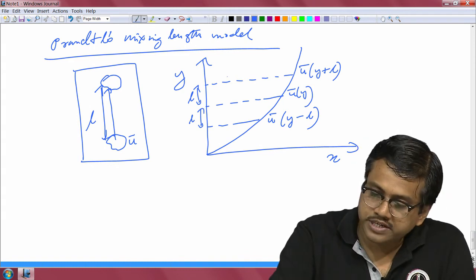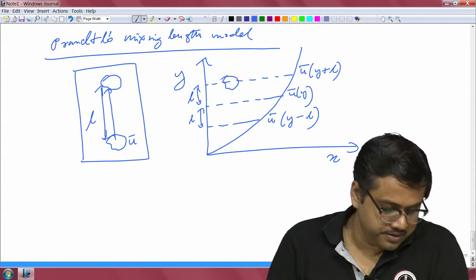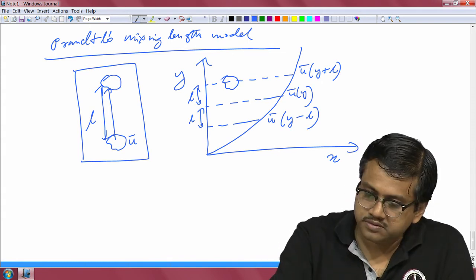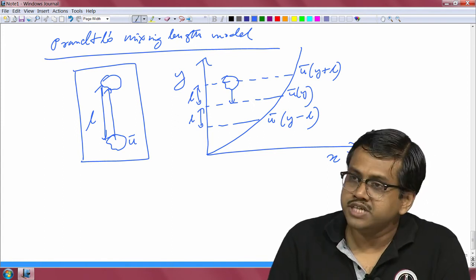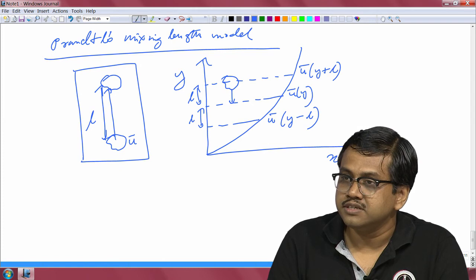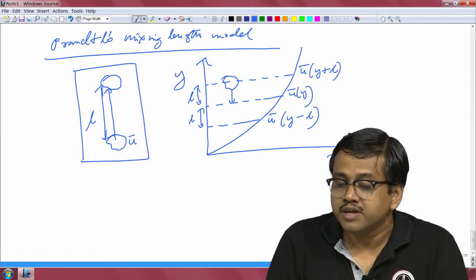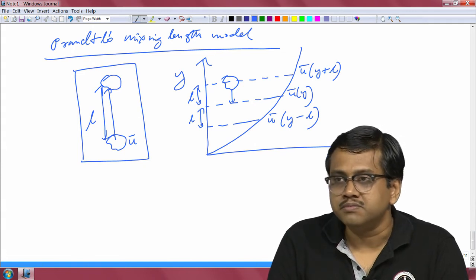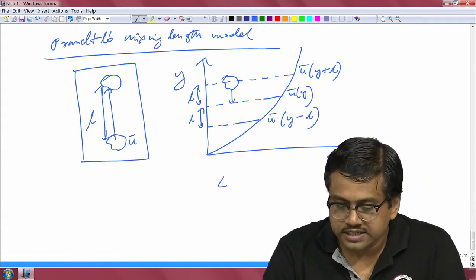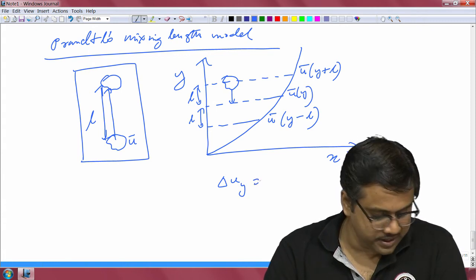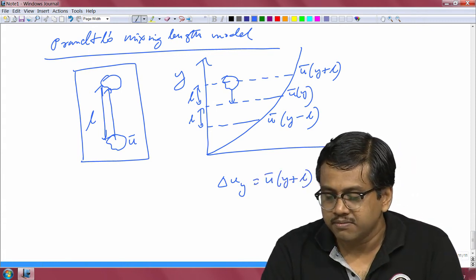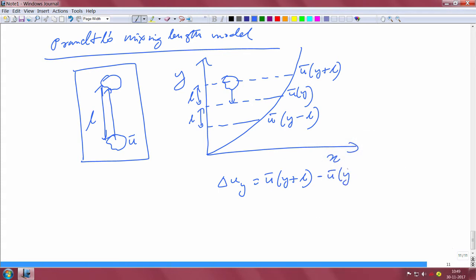So, if a blob of fluid comes from the upper layer and comes down to this particular layer, there will be a change of velocity in this particular layer, obviously. It will induce a velocity in this layer because it is bringing higher momentum into this particular layer. So, that delta u at y will be u bar at y plus L minus u bar at y, correct, right. Similarly, if a blob of fluid comes from the lower layer to the top, it will bring a different kind of velocity, right.